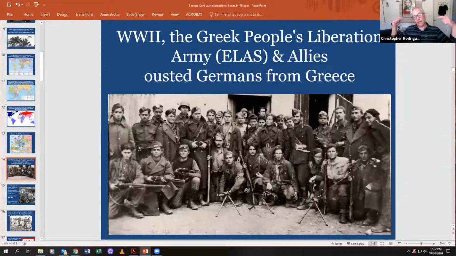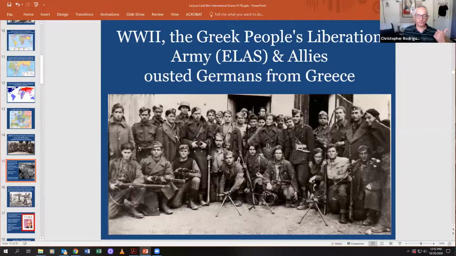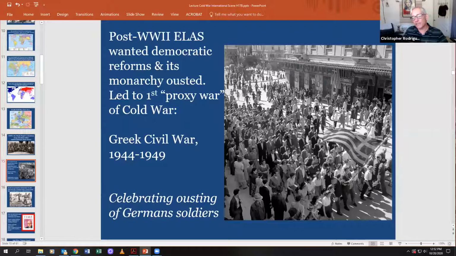And the nationalist Greek army within Greece was called the Greek People's Liberation Army, ELAS for short. The Greek People's Liberation Army successfully ousted the Germans from Greece. Okay. And here's a celebration in Athens, Greece, celebrating, yay, no more Germans in Greece. We got rid of the Nazis.